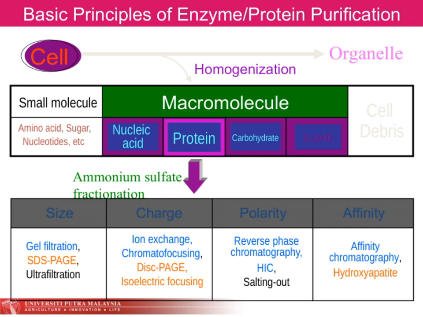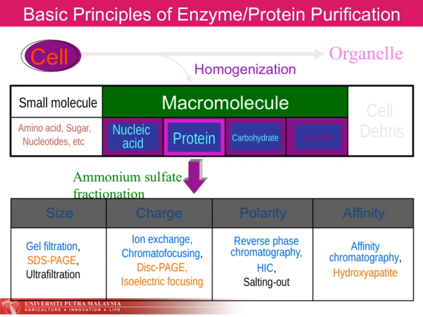Salting out is another classic method, where high salt concentrations reduce protein solubility, causing them to precipitate out of solution. Ion exchange chromatography separates proteins according to their charge, while chromatofocusing uses pH gradients to isolate proteins based on their isoelectric points. Disc PAGE, or denaturing polyacrylamide gel electrophoresis, allows us to analyze protein size under denaturing conditions, whereas isoelectric focusing separates proteins based on their charge at specific pH levels.